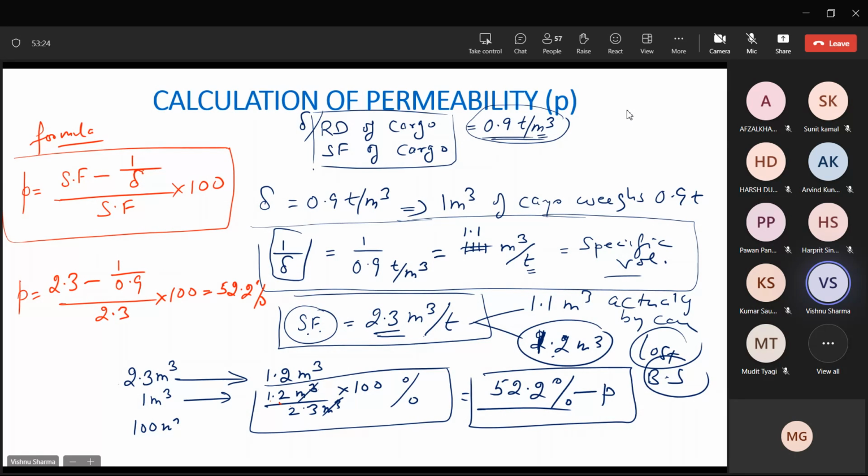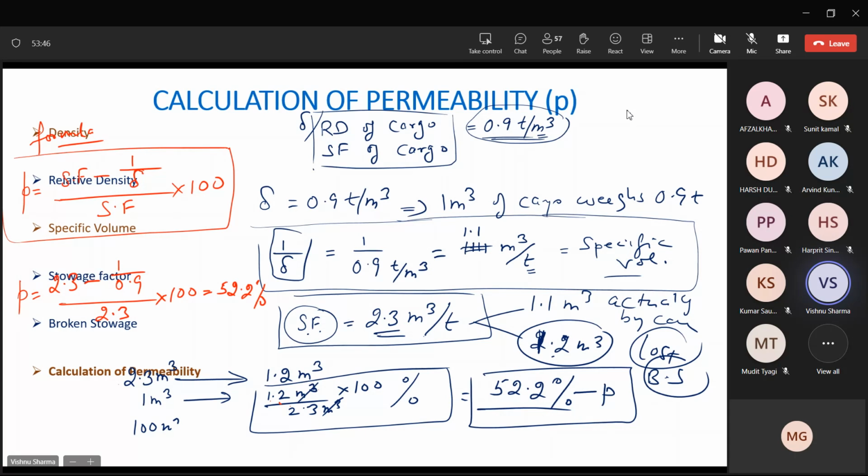Peter, any questions on permeability calculation? Okay. Don't worry, whatever comes on the slide, I've already explained in ample detail. That's the formula, so don't worry about it.